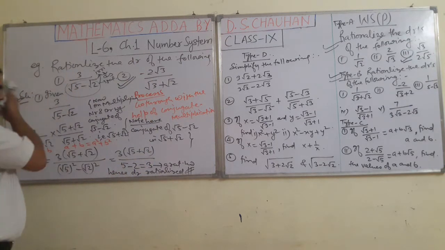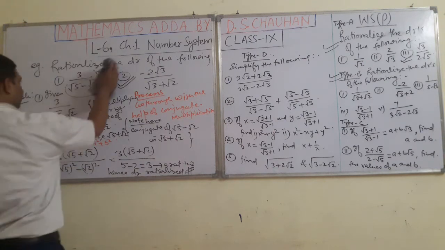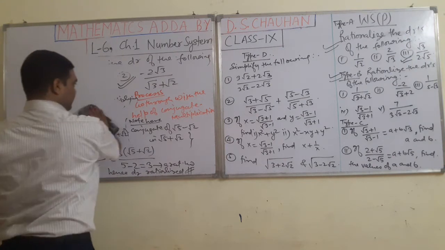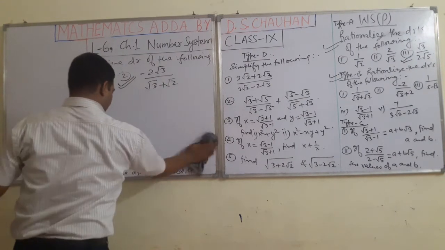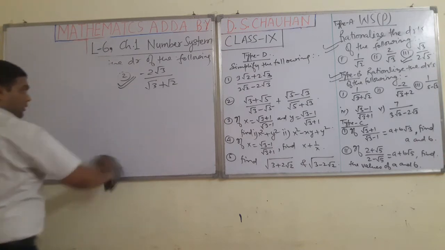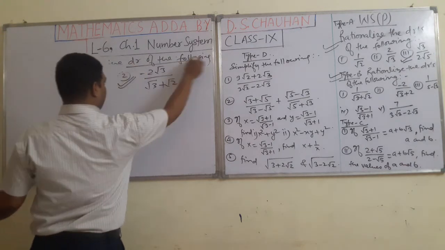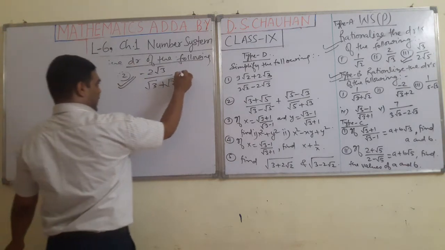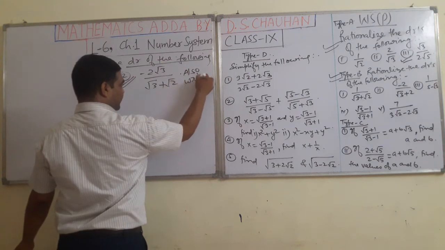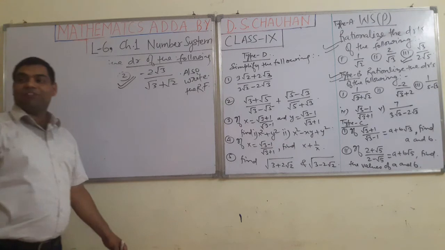See how I am telling you this one also. Try to understand. Suppose one may ask you to rationalize the denominator of this number and also write the RF, the rationalization factor.